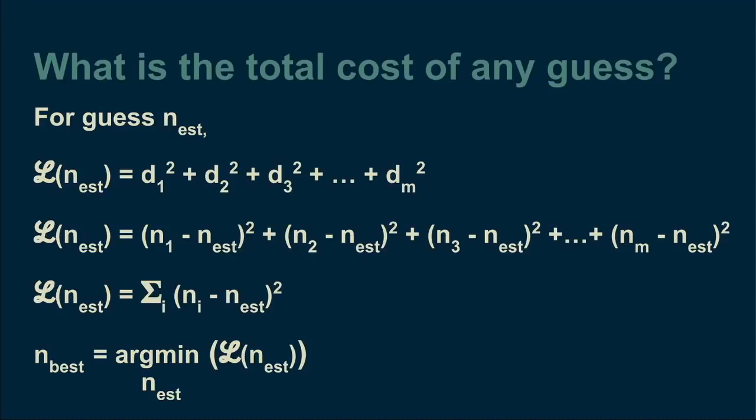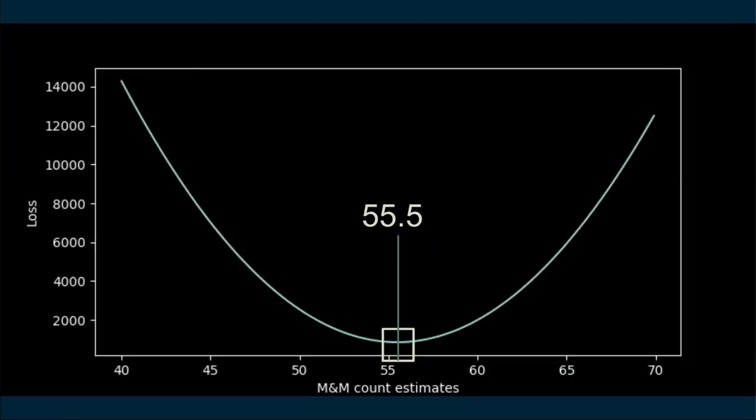That's what that notation means right there. And this best guess is just about 55.5 M&Ms. Problem solved. So this is an example of numerical optimization, where we calculate this loss function, and because it's simulated, we can do exhaustive exploration and just pick off the lowest value.